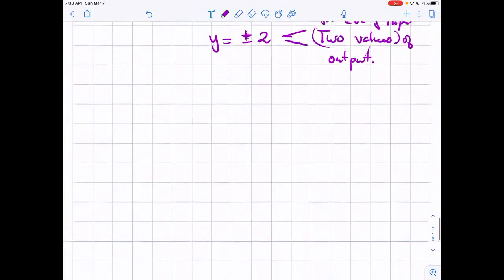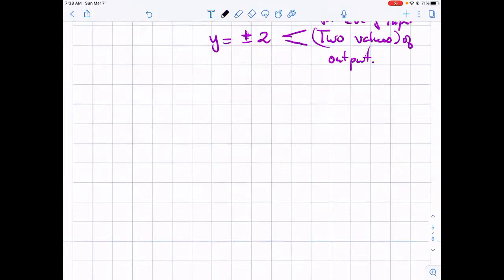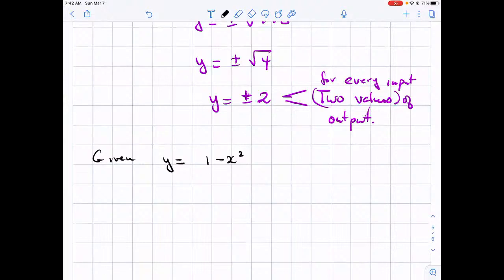Now, we are accustomed to seeing functions, or equations, generally written as y equals. Because we're speaking of functions now, if we have the equation given as y equals, we know that y is what we call the output, and x is what we call the input.